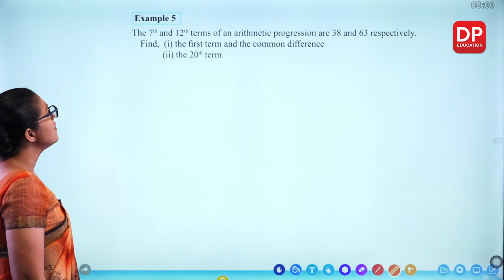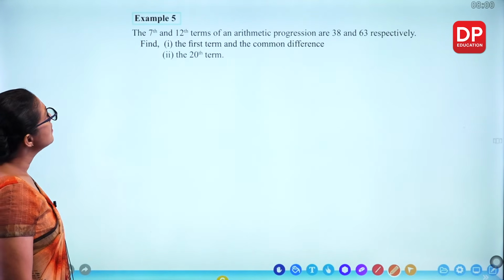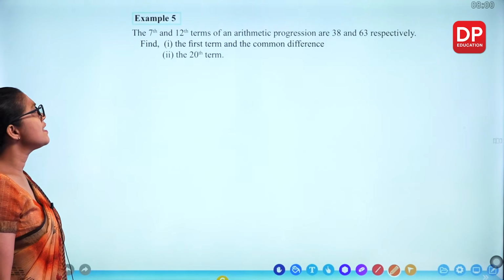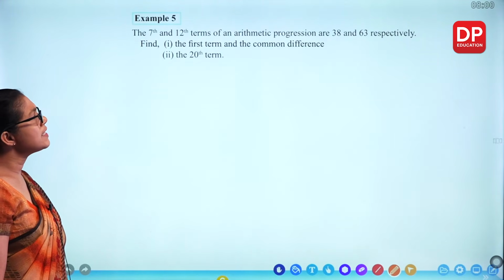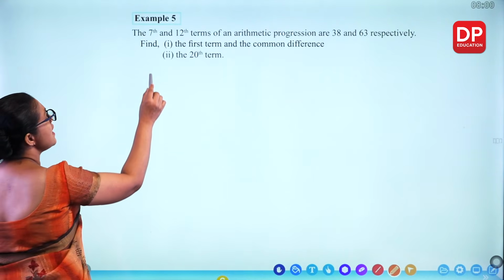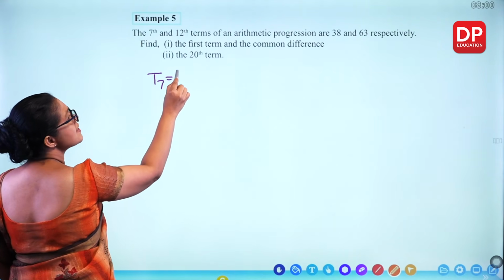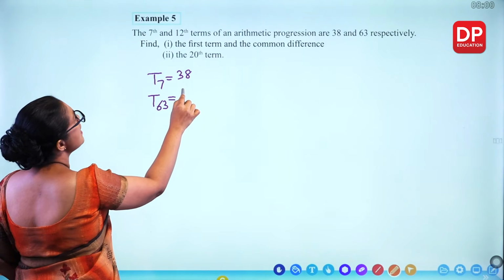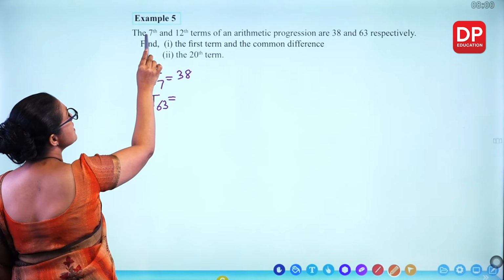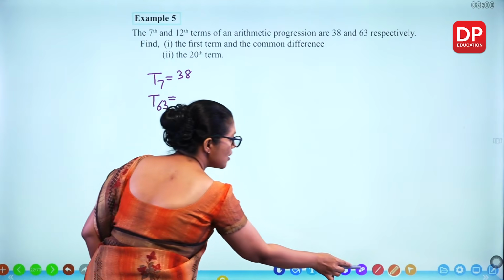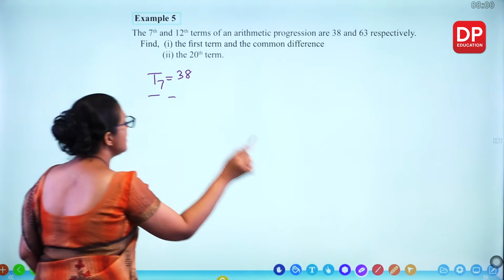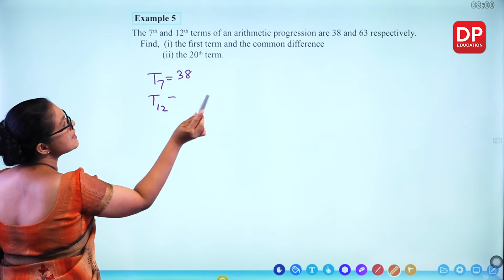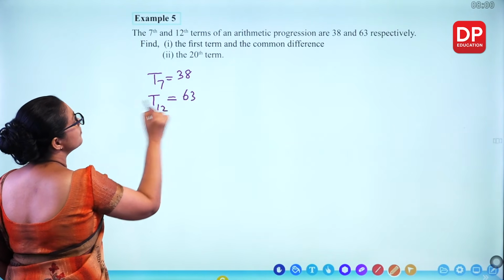Example number 5. Now slightly different. You are given two terms. The 7th term and 12th term of an arithmetic progression are 38 and 63. So T7 is 38, and T12 is given as 63.